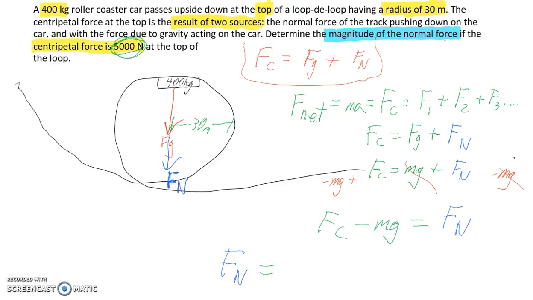Now Fn equals, Fc was what? 5,000 newtons minus, what was the mass? 400 kilograms, right over here. And what was gravity? Well, that one's constant, 9.81 meters per second squared.